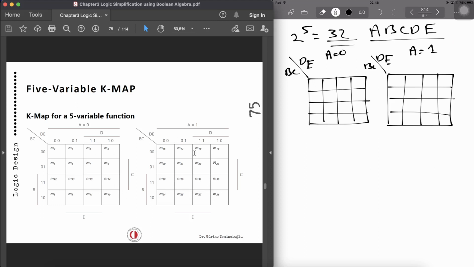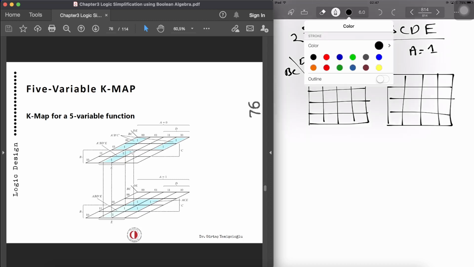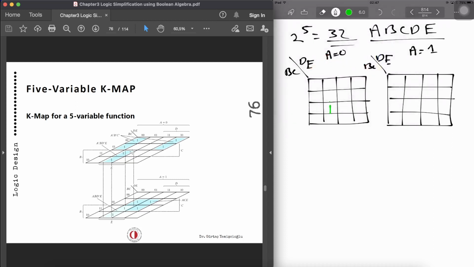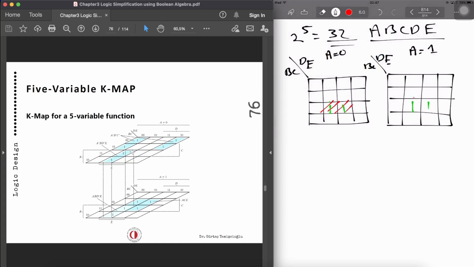Now, how can we make the combinations? This is important. Like we have done with the 4-variable, we can still apply that. But these two maps look like one of them is sitting on top of the other one. So if you have ones on both, what you can do is a combination like this.